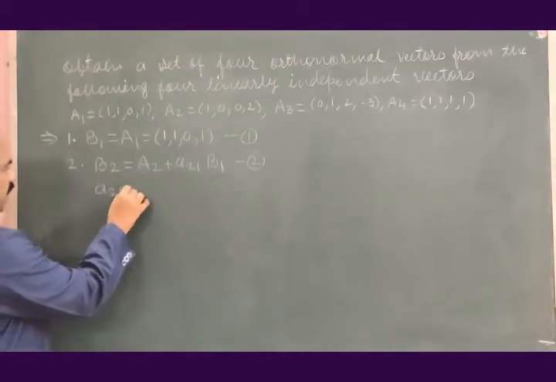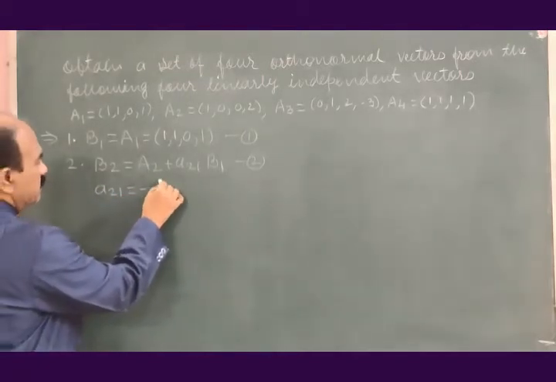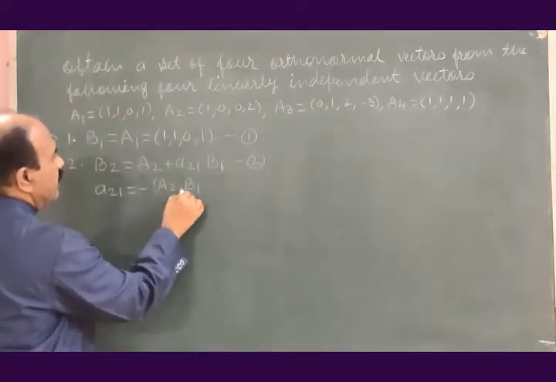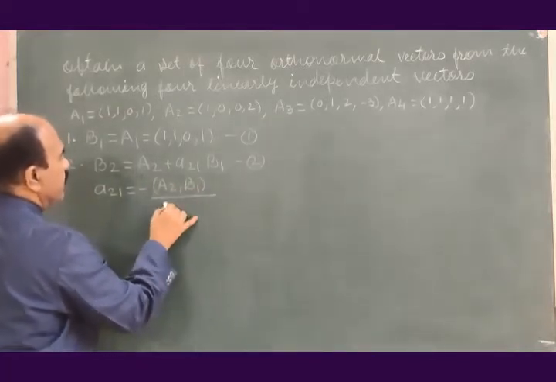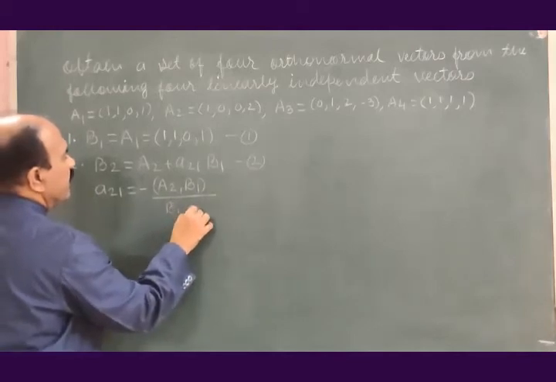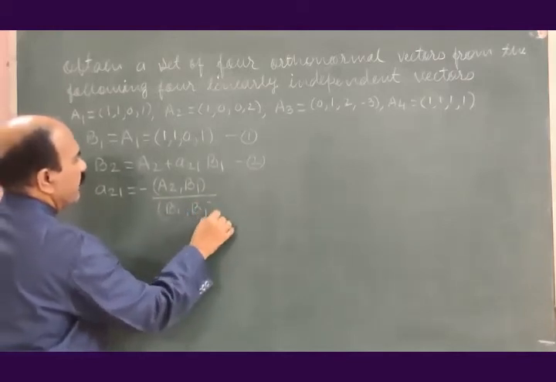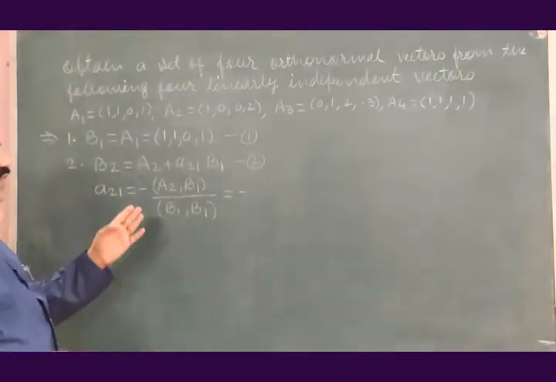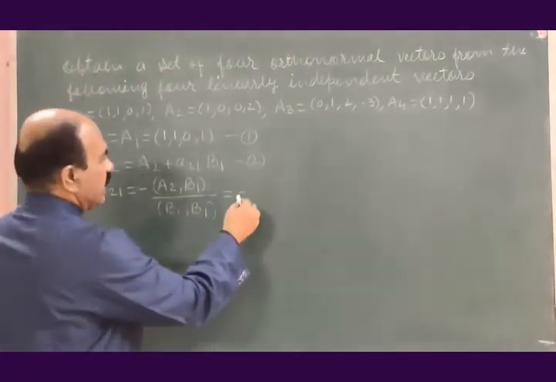is A21 equal to minus of (A2, B1) divided by (B1, B1). Let us substitute the values for A2 and B1.